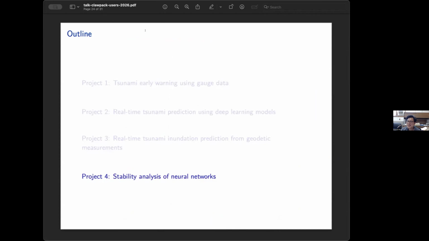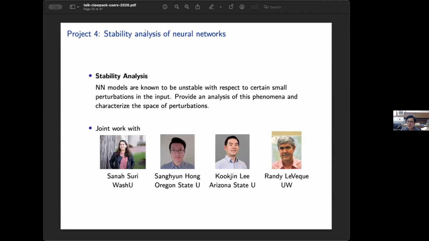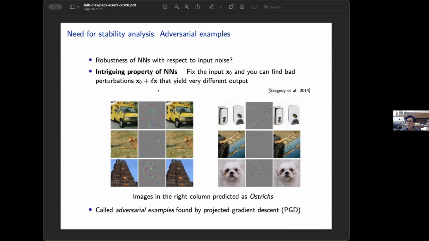These neural network, these deep learning models have a problem, and it's a stability problem. This project is with Sana and Sangyeon and Kukjin and Randy. I know you might have seen this somewhere else before, but neural networks are famously fooled by subtle, weird noise called adversarial examples.